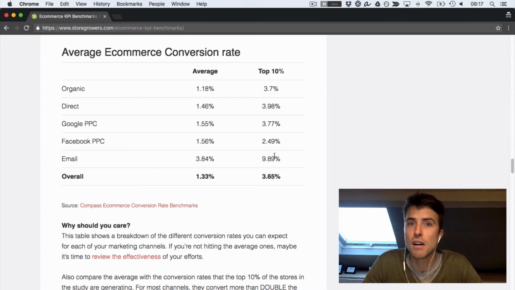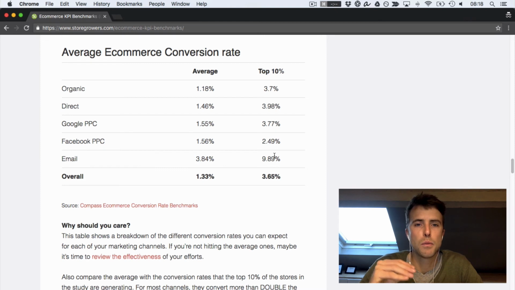There are still countries where people aren't buying a lot of things online yet, so you'll see lower conversion rates. It also depends on the products that you sell. If you sell really high priced products, your conversion rates might also be lower, but that will be compensated by a really high average order value. So these are some reasons why your conversion rate might be different.